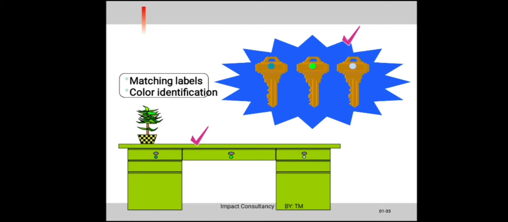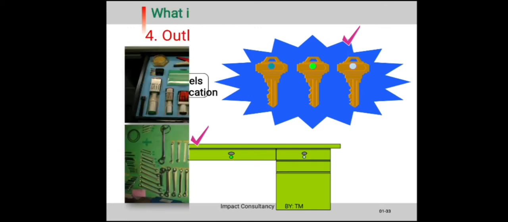As you're seeing here, many times when we have many keys, we try many times to open one drawer, so we can identify easily by making color coding like this. For green, green; for yellow, yellow; for red, red. You can use as you want.